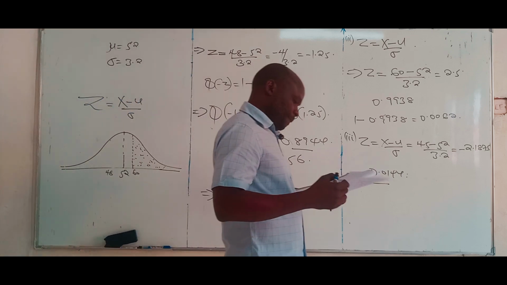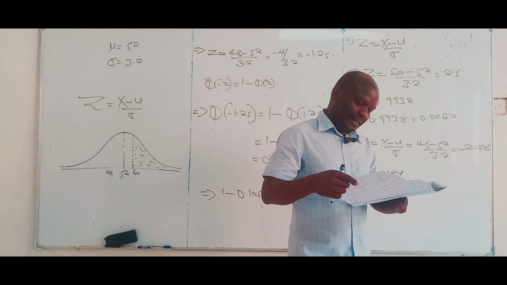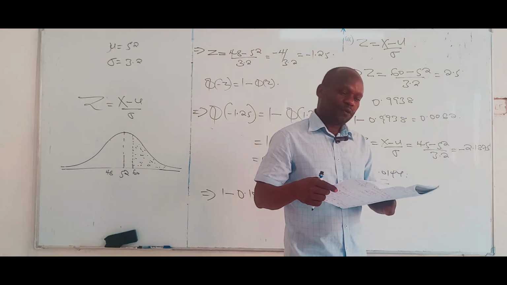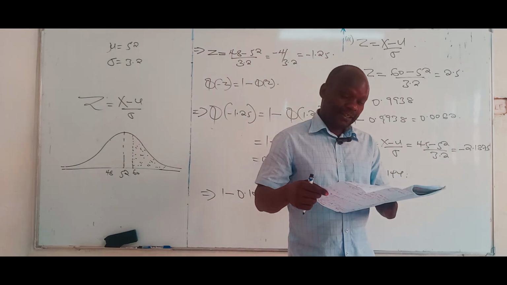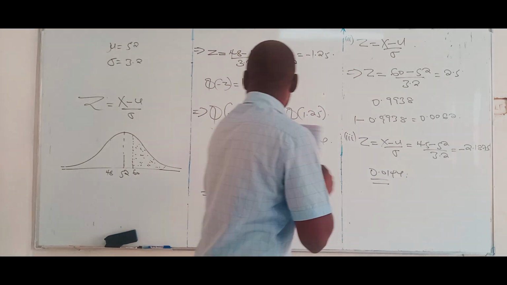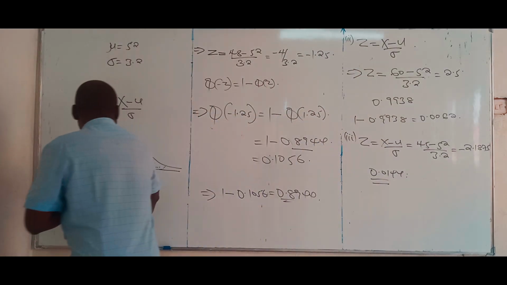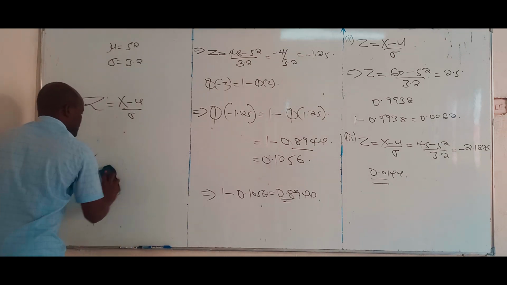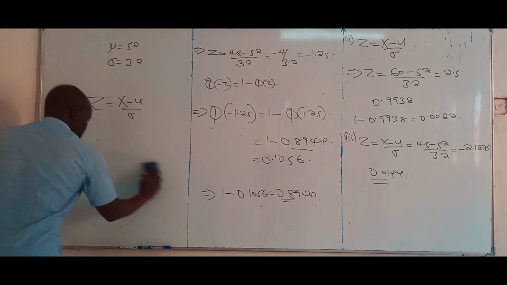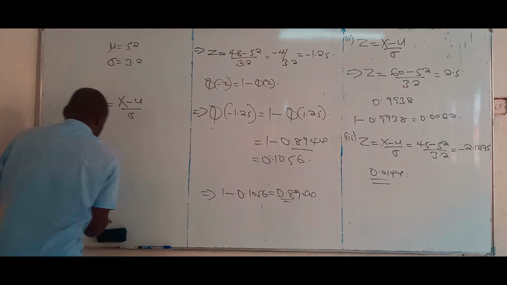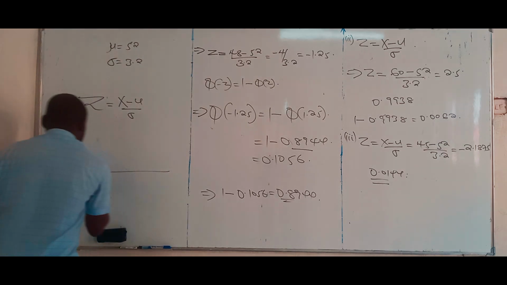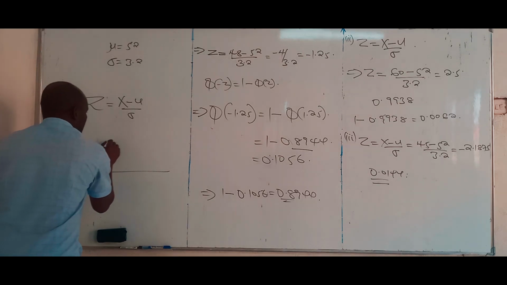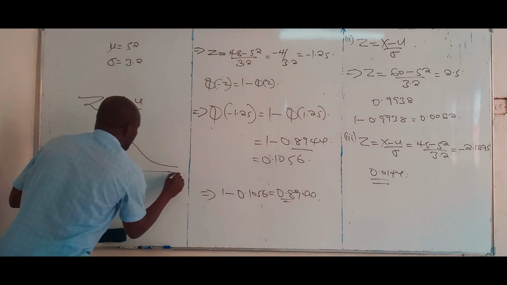Now the next part requires us to find the probability that the output of an acre of land lies between 50 bags and 60 bags. The picture will look like this.